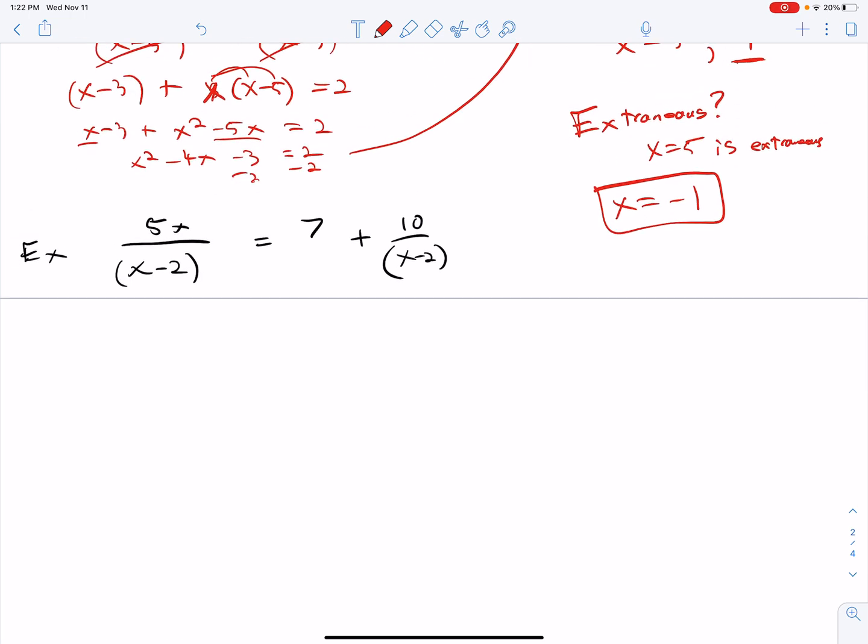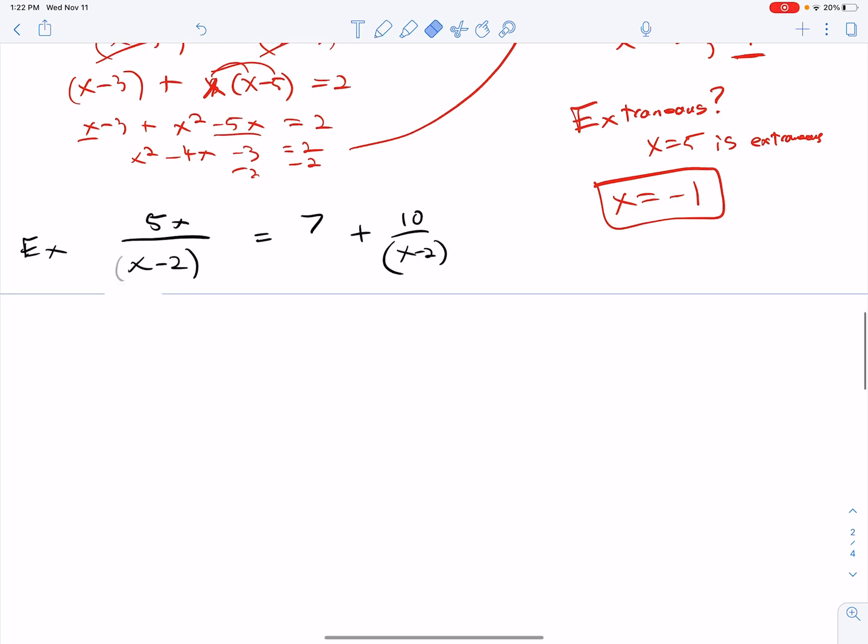So another example here. We have 5x over x minus 2 equals 7 plus 10 over x minus 2. So common denominator here. Again, when I look at this, I see an x minus 2 and an x minus 2 and a 1. So my common denominator is going to equal x minus 2.